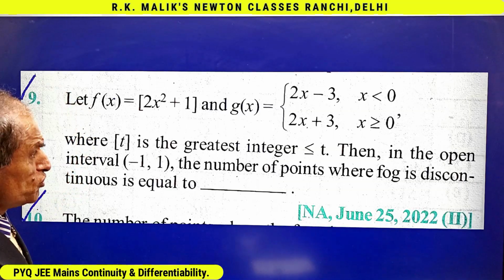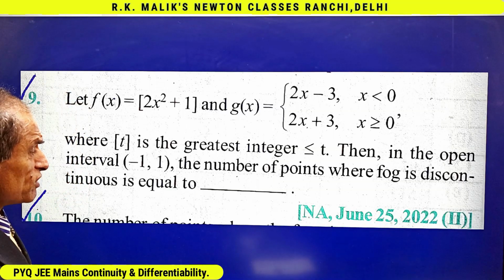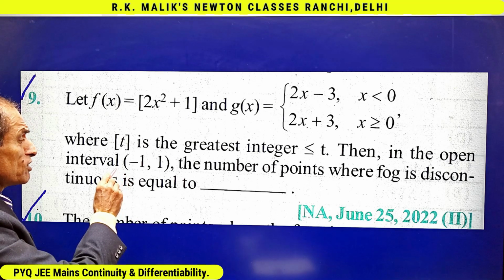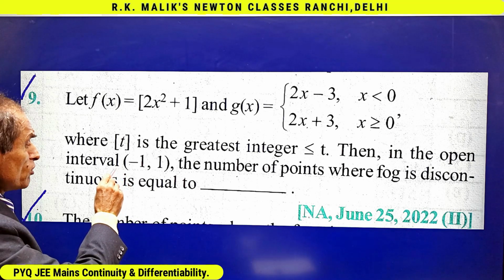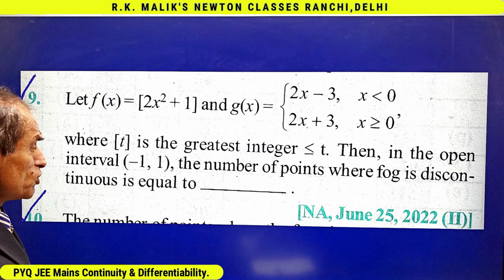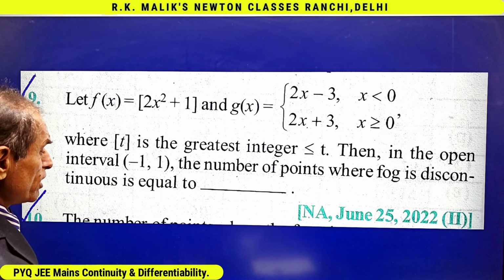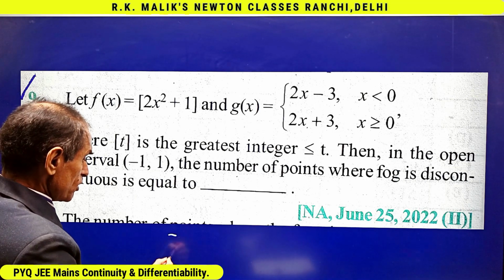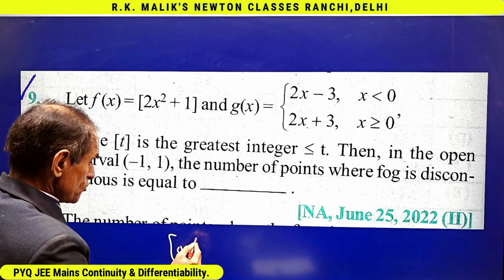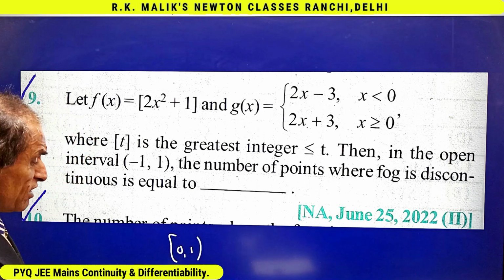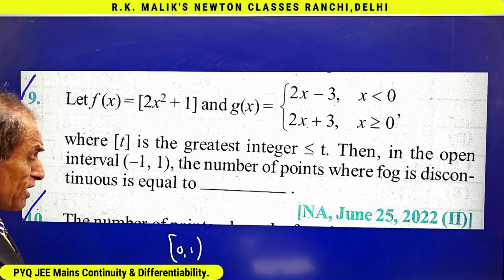The benefit of g(x) being an odd function is that we will not have to discuss the continuity in the whole interval -1 to 1; we will be requiring to discuss the continuity only in 0 to 1. At 0, we'll be checking the continuity separately.